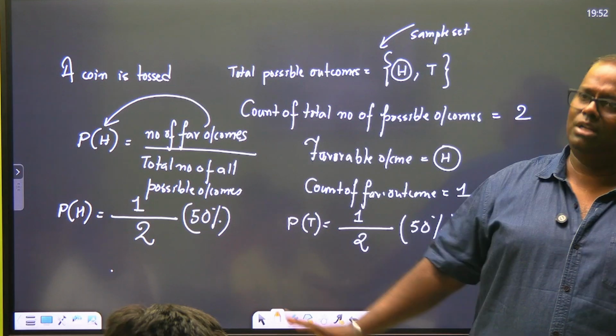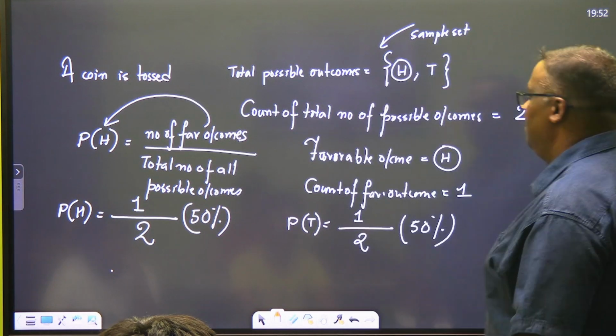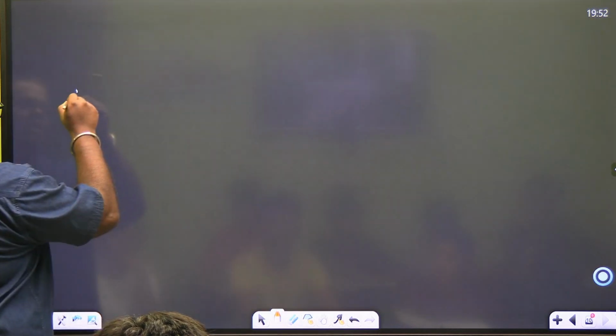ठीक है? Very good. So, extending this now to a formula, we say probability of occurrence of an event E. How do you read it?